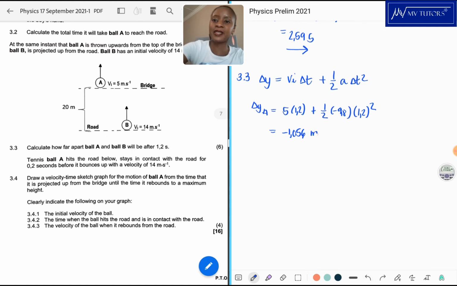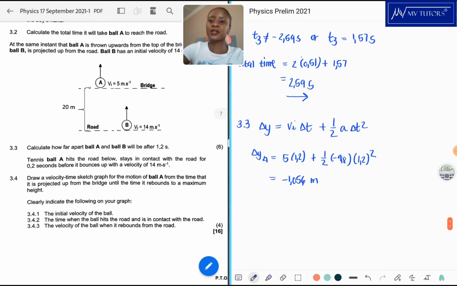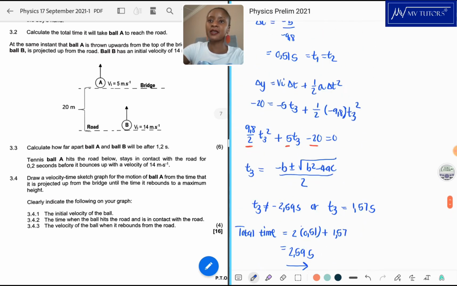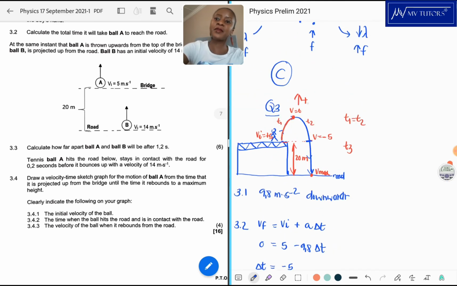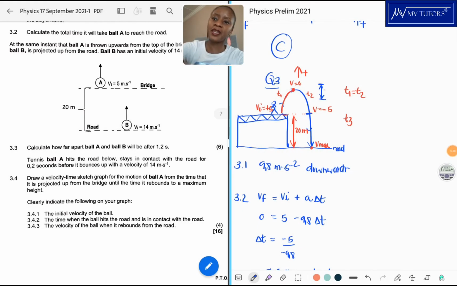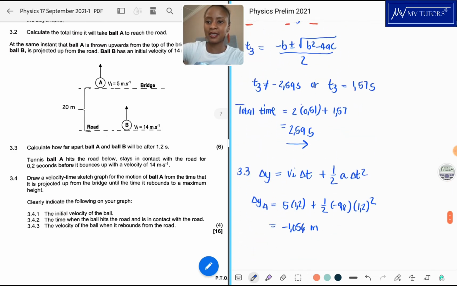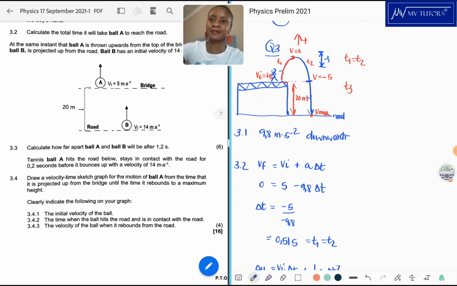I actually have meters there. So this negative 1,056 meters is actually telling me that from the top there, we get to whatever point we're getting to.